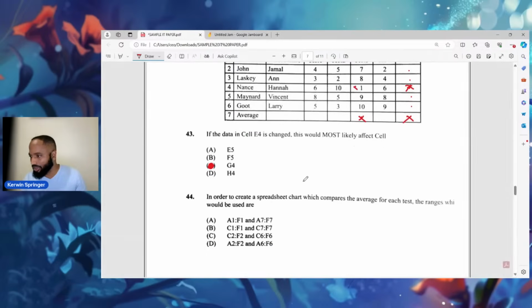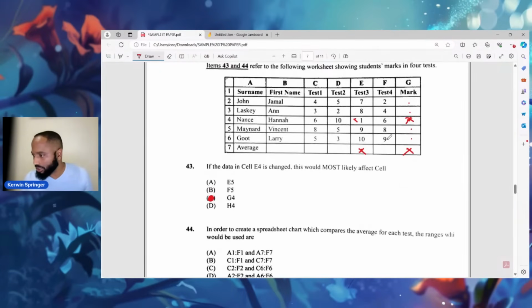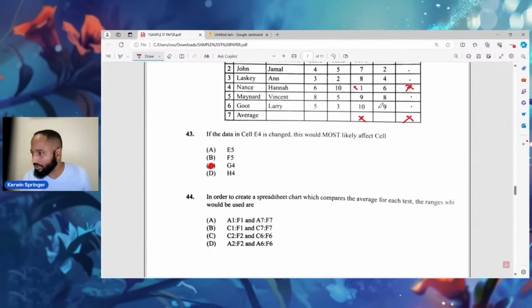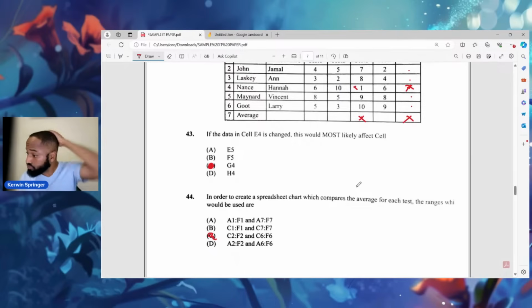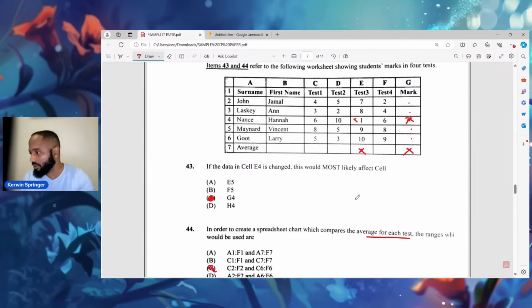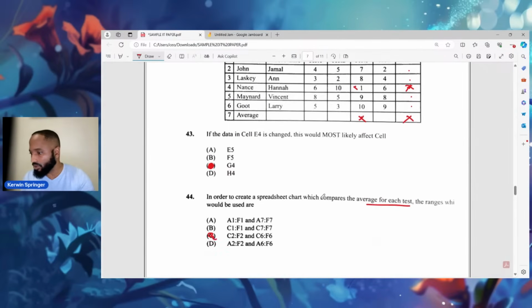C1 to F2, C6 to F6. No, I need the average for each test.